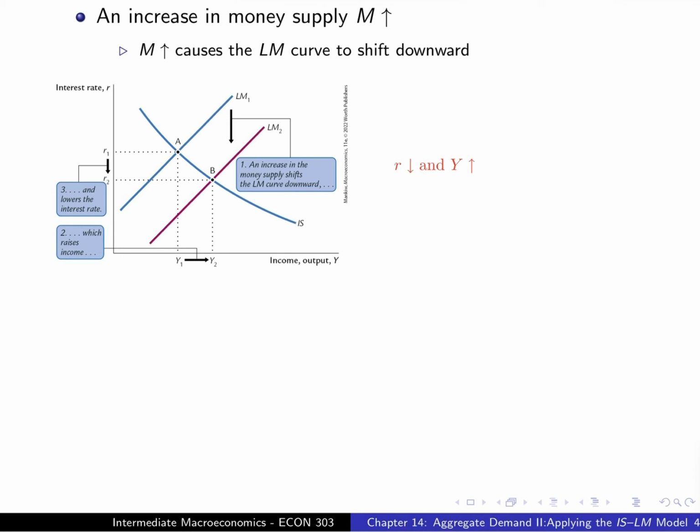The result: R decreases and Y increases. Step 1, M increases real money balances. Step 2, the LM curve shifts downward from LM1 to LM2. Step 3, this lowers the interest rate from R1 to R2 and raises output from Y1 to Y2.